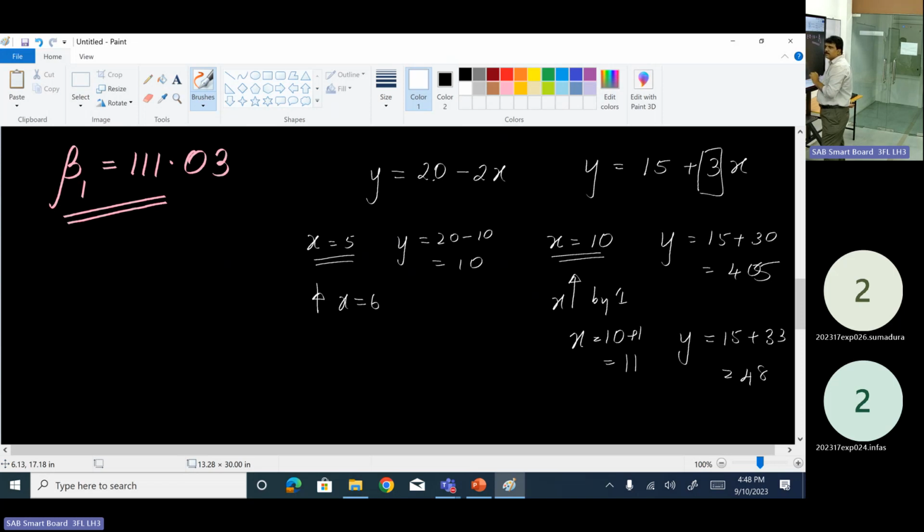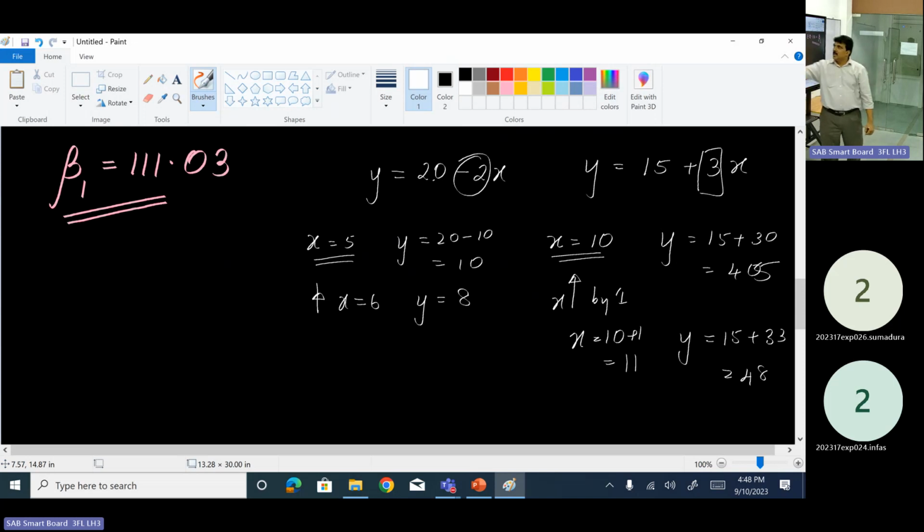So x becomes 6. I want to find my y value. 20 minus 12, so it becomes 8. In this case, when I increase the x by 1 unit, y decreases. By how much is it decreasing? By 2. From where do we get that 2? We have a minus 2. So when x increases in this case, y decreases.